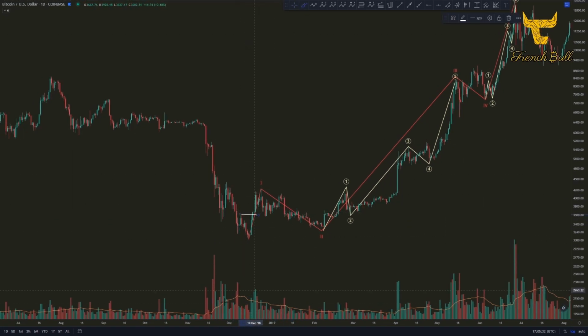We got increasing volume on the buy side, but the volume is still lesser than what we got during the end of the previous trend. So that's why it's not so obvious to a lot of people.